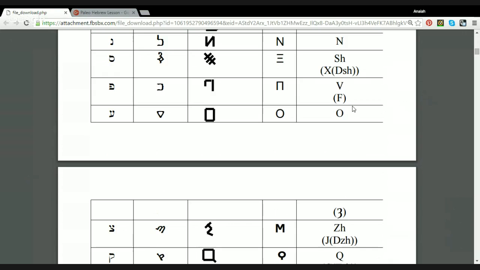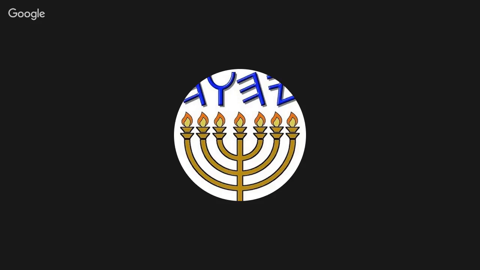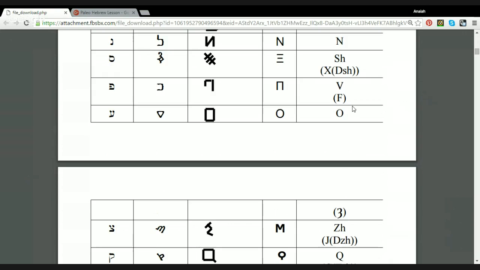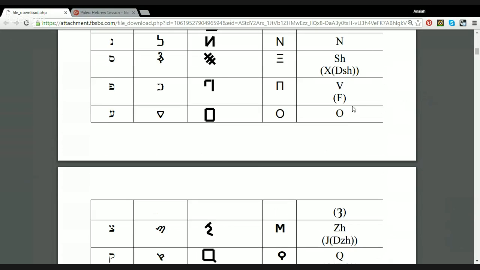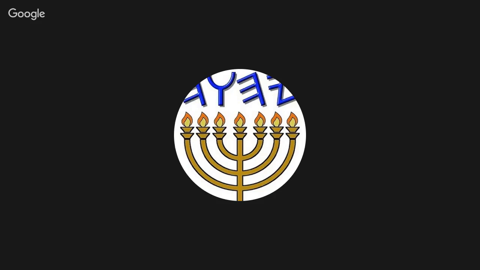Right. And if Hey is an A too, so if we've got aleph, hey, and ayin all as A's, it doesn't make sense. Yeah, and then you've got this ridiculous Hebrew called the Lashon Kodesh. It's not ancient whatsoever, and it's totally made up.